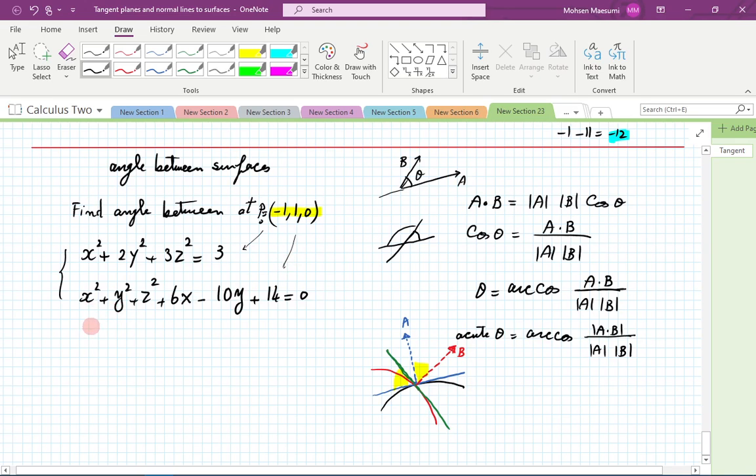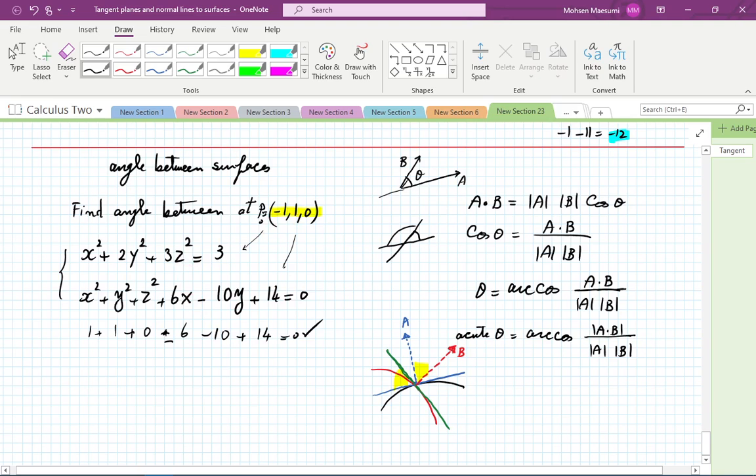If I put 1 plus 1 plus 0, plus 6 times -1, that is -6, minus 10, and plus 14. So what is that? -2 plus 2 is equal to 0. Since the two sides agree, that means the point is actually on the surface. So this point is on both of these surfaces.